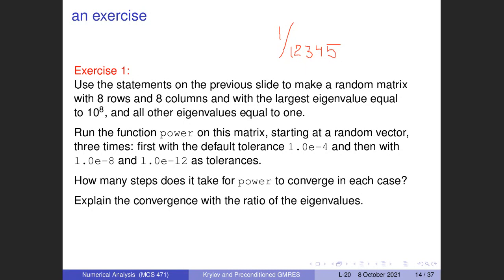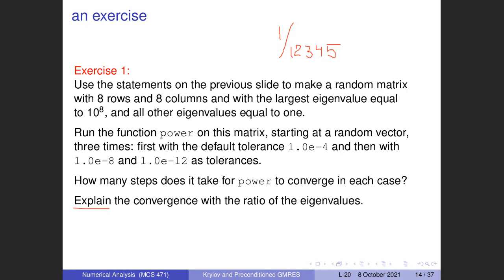It may be that in one step you gain much more than one decimal place. So the explanation is the ratio of the second eigenvalue over the largest eigenvalue.